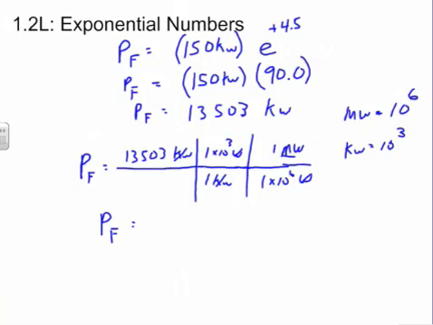Now, when you're doing this in the calculator, you take 13,503 times 1 times 10 to the third times 1, divide by 1, everything's okay until you divide by that 1 times 10 to the 6th. And I really want to encourage you that on your calculators you use the EE or the EXP button.